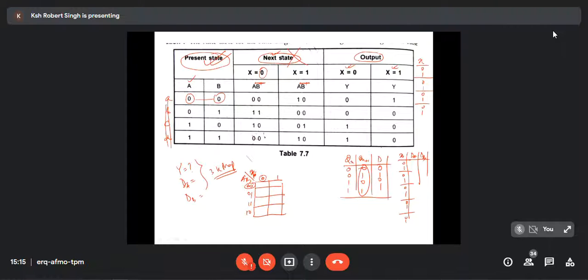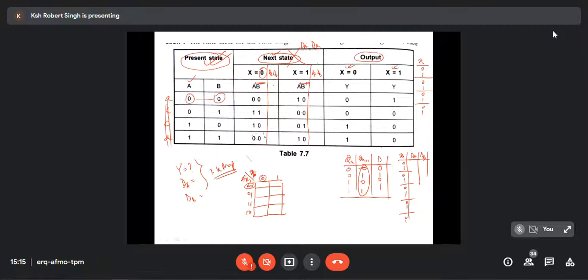DA and DB is missing here. If you want to put, you can put DA, DB. For beginners, if you reflect DA, DB in this particular table, it will be easy for you to design.